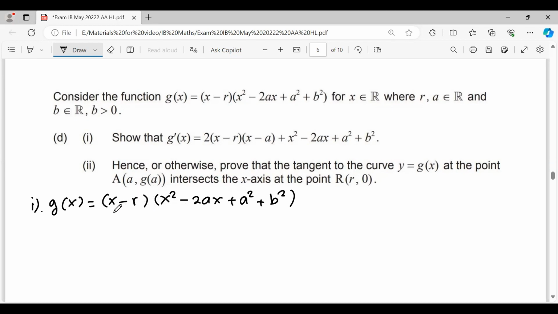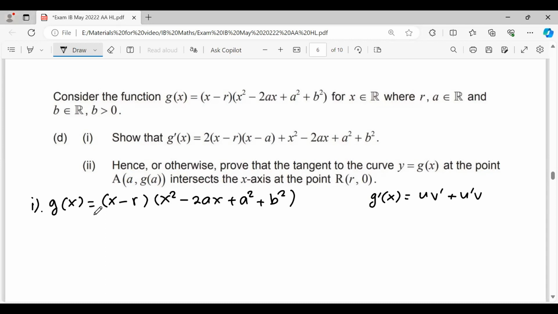If these expressions are u and phi, we find it through this formula: the derivative of u times phi is u times the derivative of phi plus the derivative of u times phi.